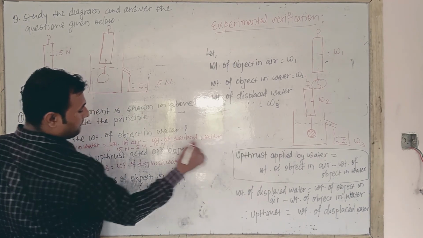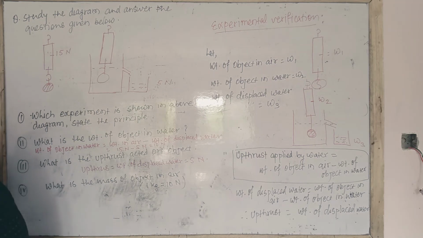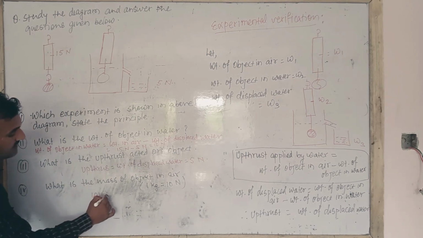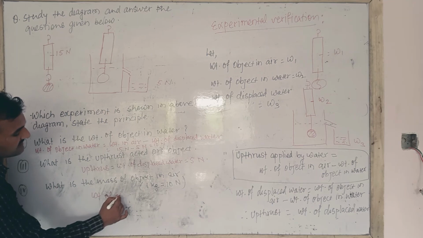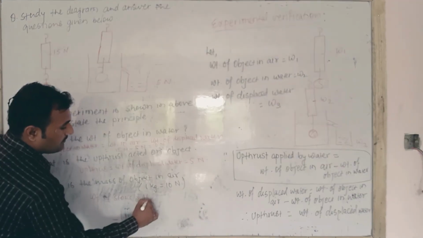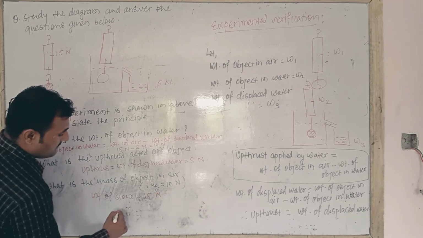5 Newton. If 1 kg equal to 10 Newton is given, so what is the mass of your object? Weight of a stone or object equal to 15 Newton.